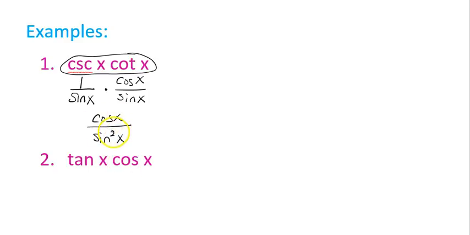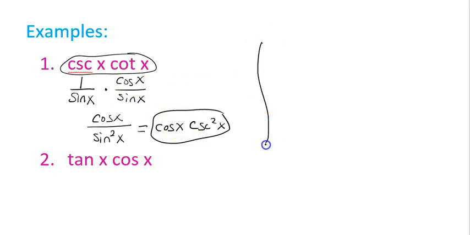And that's still in a fraction. The way that I could undo the fraction is by changing that sine squared on the bottom to be a cosecant squared. So I could write this as cosine times cosecant squared. And really, these two are about the same level of simple because it's just two things multiplied together. But like I said, I didn't mean to start off with this problem. It was my fault. So I'll come over here.